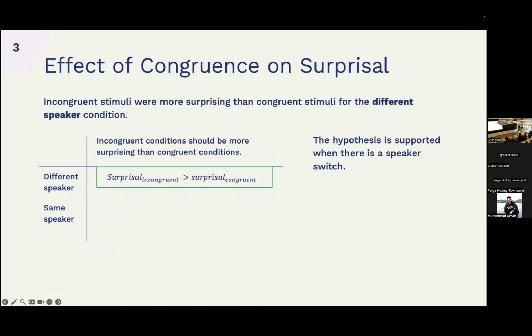So what did we find? We found that the incongruent stimuli were more surprising than the congruent stimuli for the different speaker condition. So when the second turn speaker was different, our hypothesis was matched. It was the same as our findings in the natural data in humans.